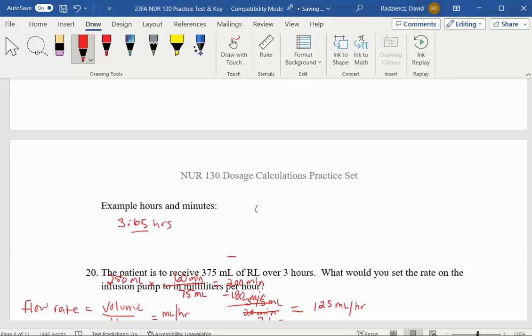The shorthand is to write 0.65 hours and convert hours to minutes, so I'm going to multiply by 60 minutes. 0.65 times 60 gives me 39 minutes. So my total runtime in this 3.65 hours example would be 3 hours, 39 minutes.